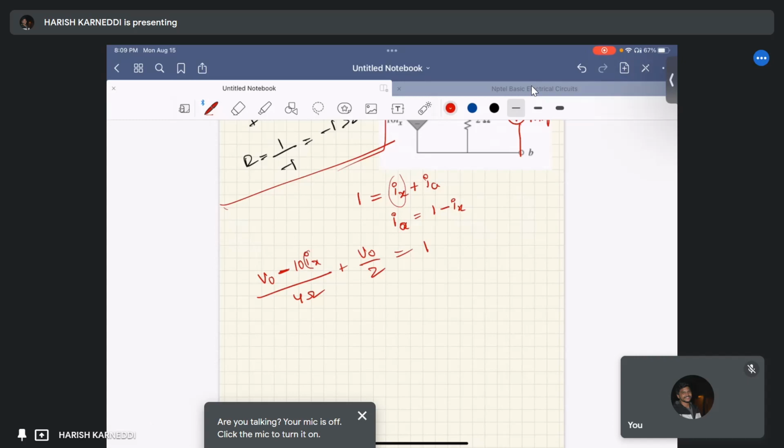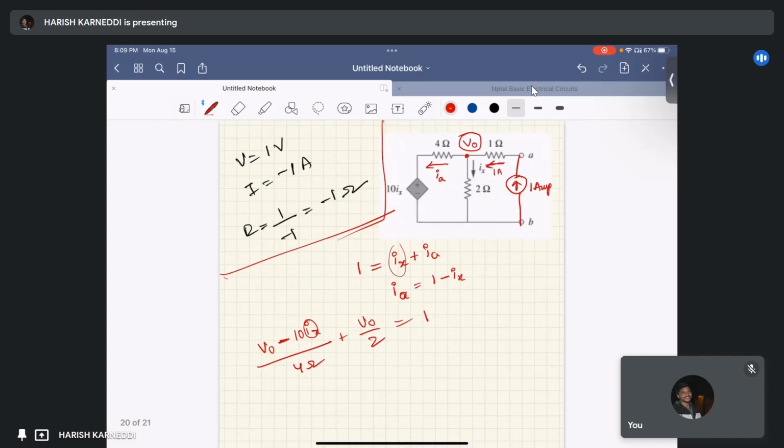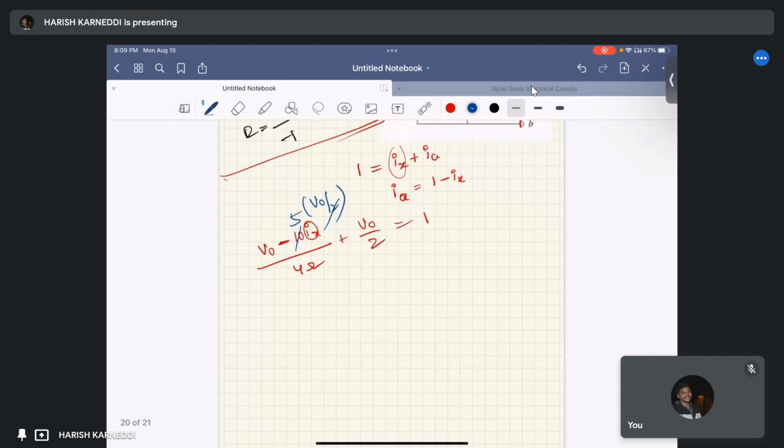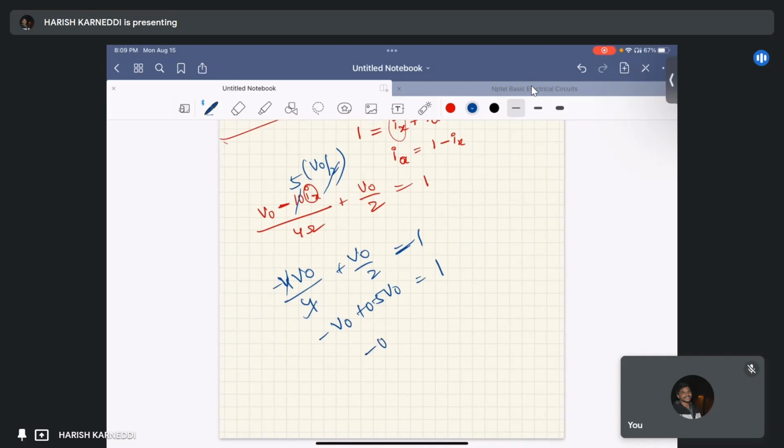This Ix is same as the previous one, that is V naught by 2. V naught minus 5 V naught, that is equal to minus 4 V naught by 4 plus V naught by 2 equal to 1. Minus V naught plus 0.5 V naught equal to 1. Minus 0.5 V naught equal to 1, V naught equal to, sorry, minus 2 volts.